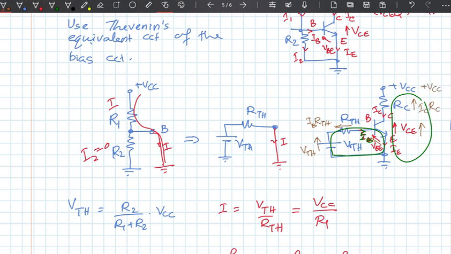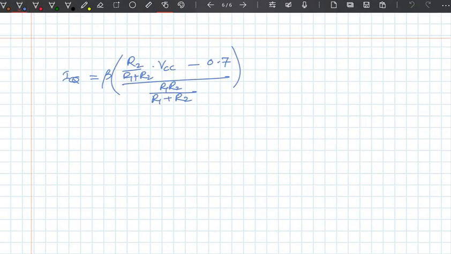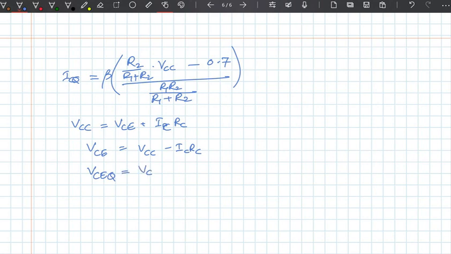So let me write VCC is equal to VCE plus IC RC. Therefore VCE should be equal to VCC minus IC RC. We know what IC is, that should be equal to ICQ, so VCEQ is equal to VCC minus ICQ RC.